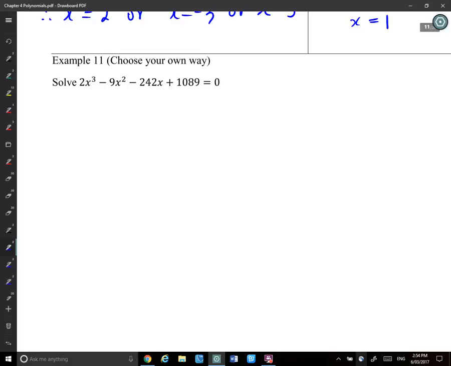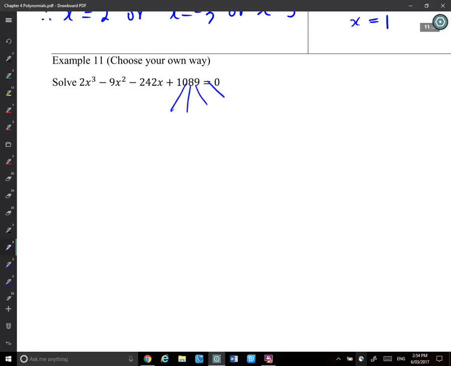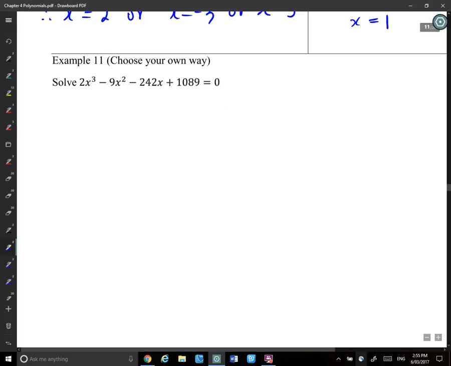If you're trying to find the linear factor, the numbers are really large, and there are a lot of common factors in 1089. So let's have a look at this. 1089.